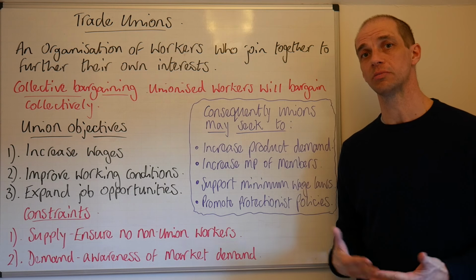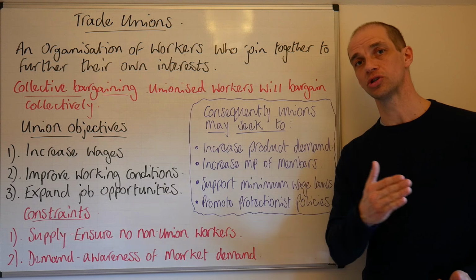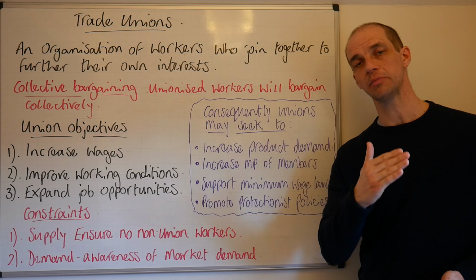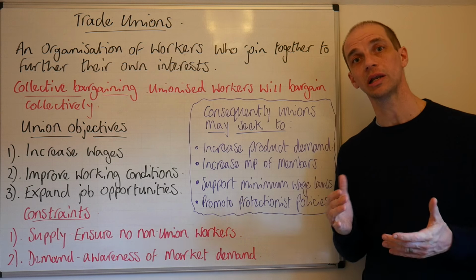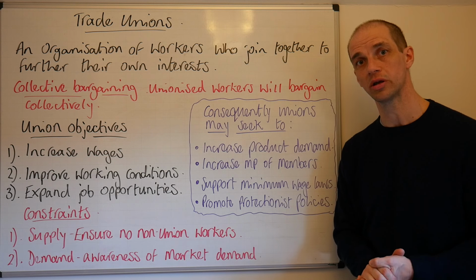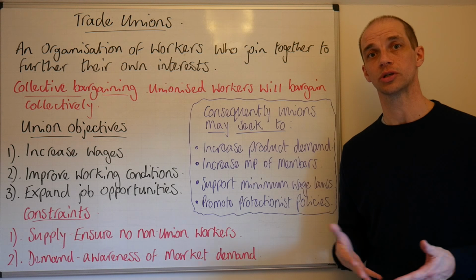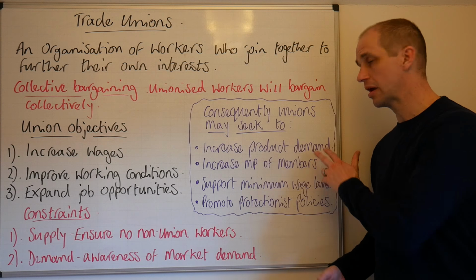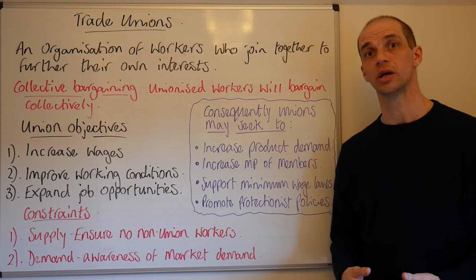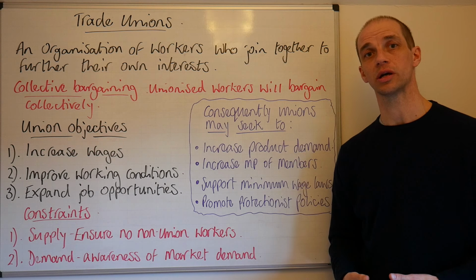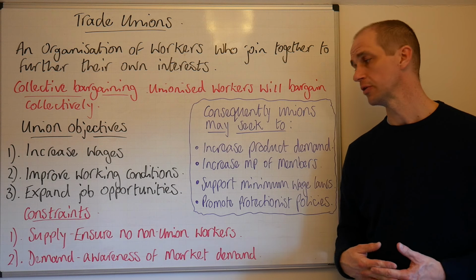If there is an increase in product demand, then that marginal revenue product curve, that demand curve for labour, will shift to the right, and that is likely to increase employment within the market, of course. So it's also going to mean that workers' wages can be increased. So the question then becomes, what can trade unions actually do to support increasing product demand for that given product?